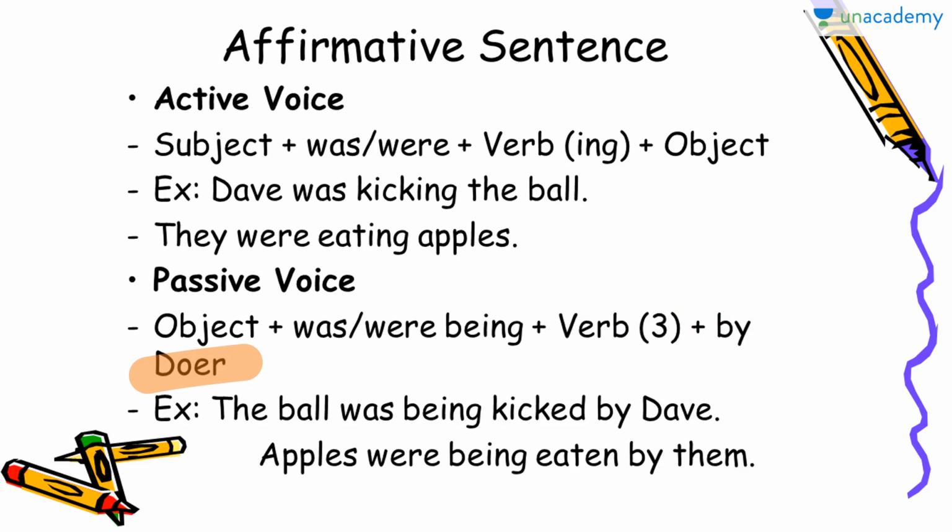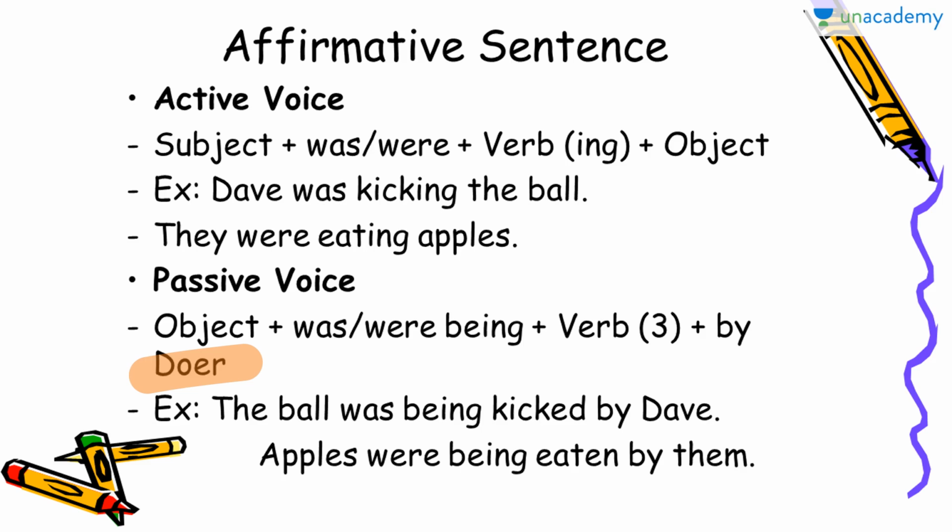Whenever a sentence is changed from active to passive voice or from passive to active, we just change the verb form of it. That is the voice. We don't change the particular tense. We need to make sure that we know in which tense a sentence is given, and accordingly we will change our sentence into active or passive, whatever is asked.